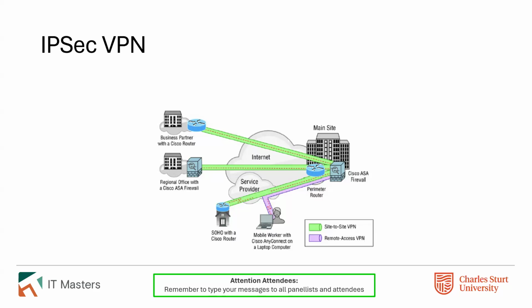The difference between it and a managed WAN is that with the internet, you have no real quality of service. There's no guarantees, especially when it comes to any intermediaries on the internet. If there's an outage on the internet, it's probably going to cause an outage for you, and you're going to have no recourse. Whereas if you go with a managed WAN, it's typically one service provider that will provide that end-to-end.